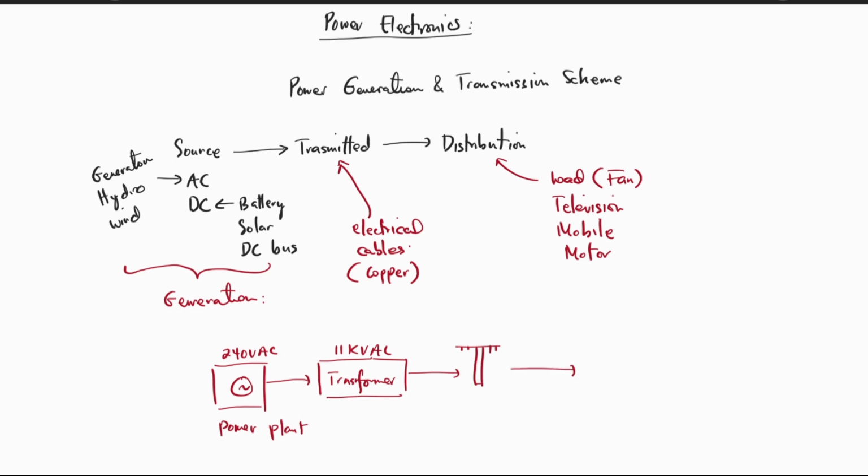And then before it reaches the distribution end, which is the load, especially a house or an industrial plant, it must also go through another transformer.